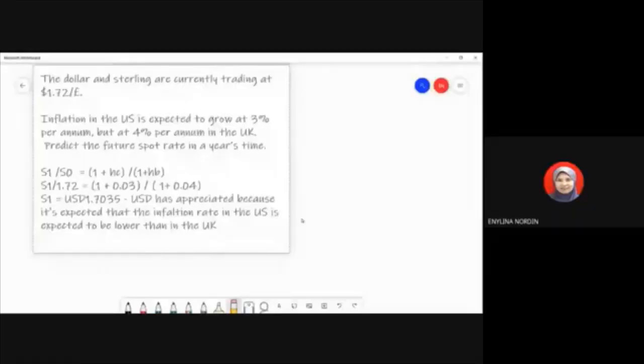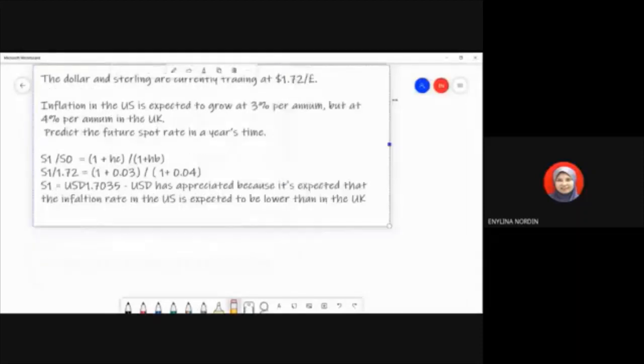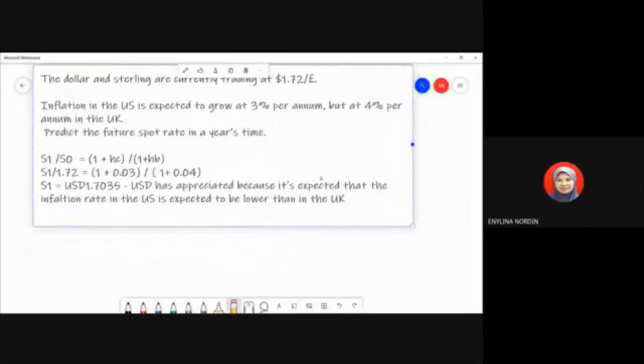So this is the example here. How are we going to answer this one? You are given the information.